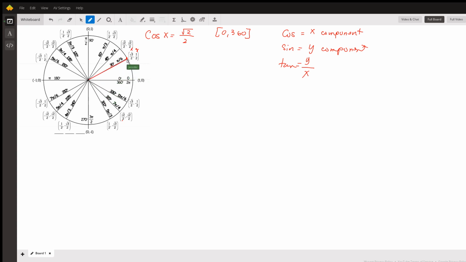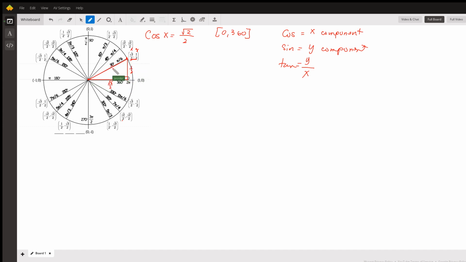Now, if we drop a line perpendicular to the x-axis, you will create a right triangle, wherein these are your components. This is the x, so from this point to this point, that's square root of 3 over 2, and from here to here, that's 1/2. That is what these coordinates mean.